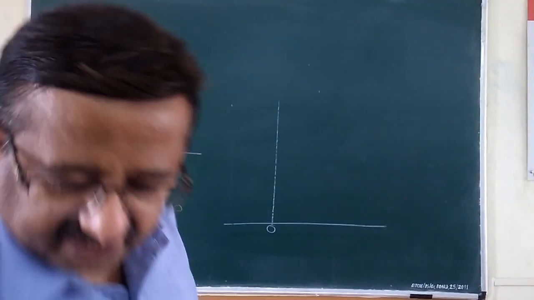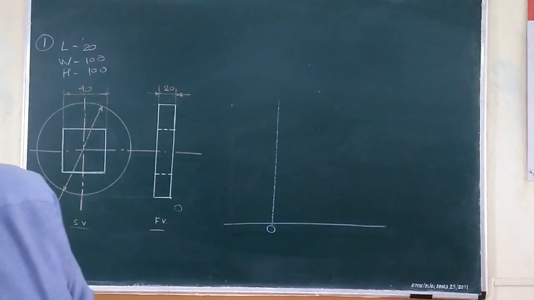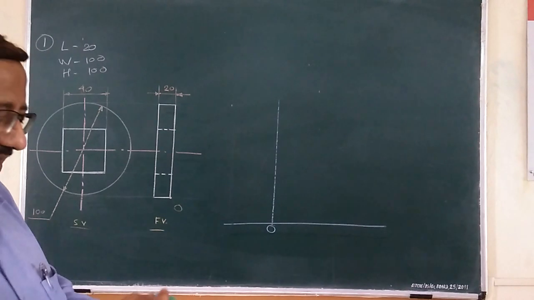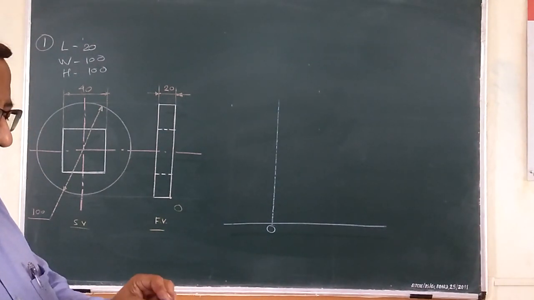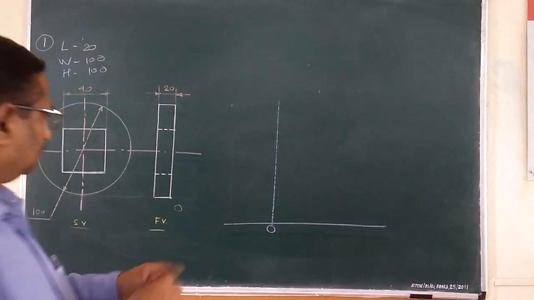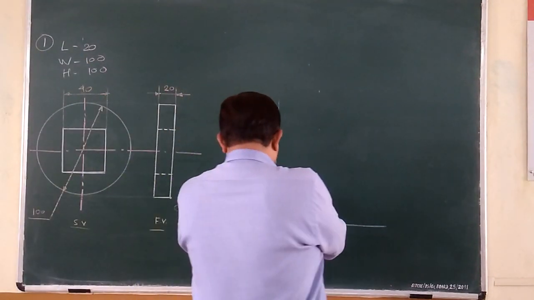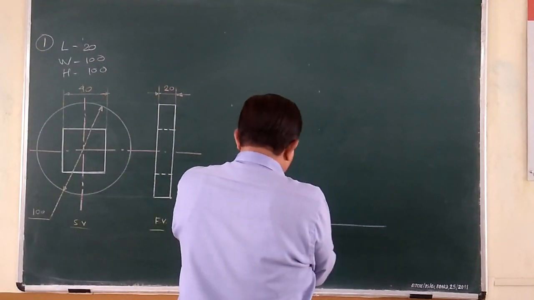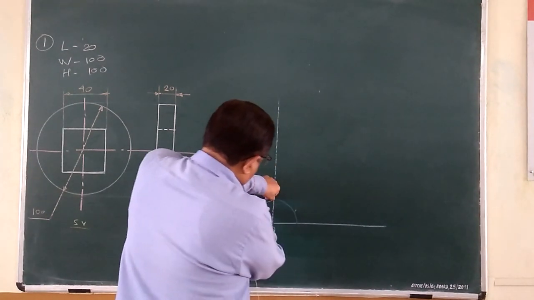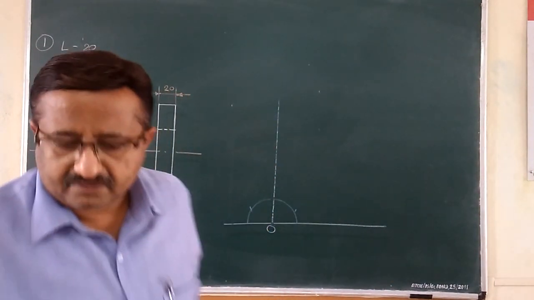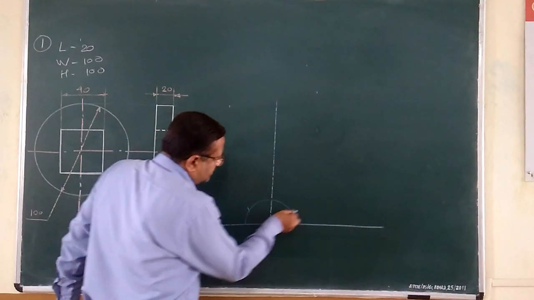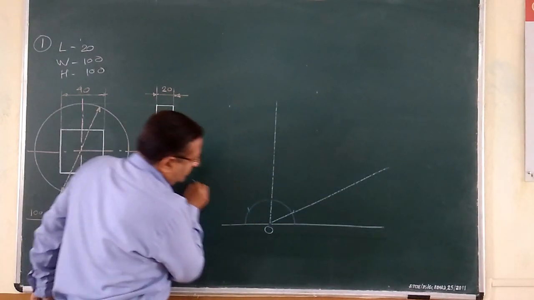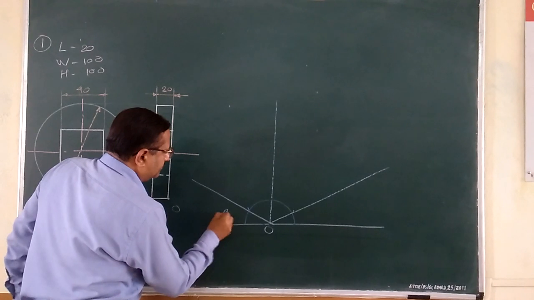After that, immediately one should get left 30 degree and right 30 degree angle lines passing through the origin point.